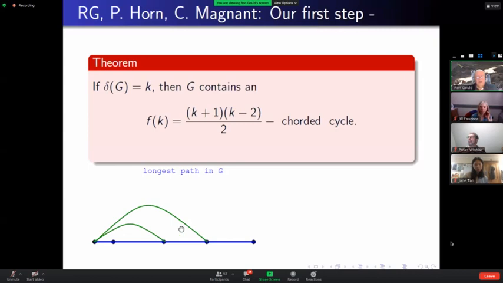Start with the longest path. Not just a longest path, but a longest path whose end vertex throws the furthest possible chord. And now think about the vertices that precede where the chords land. Those are also first vertices of longest paths.